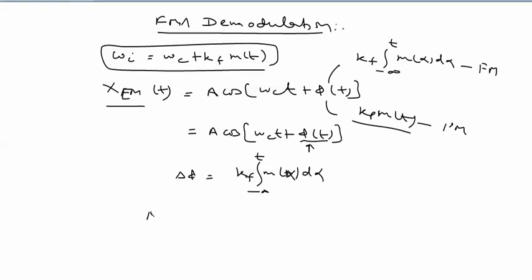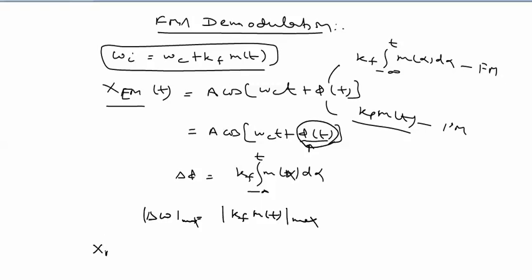If we want the frequency deviation, it is KF m(t) max, if we are considering the maximum frequency deviation. So we want to fetch this component, so we have to demodulate first.